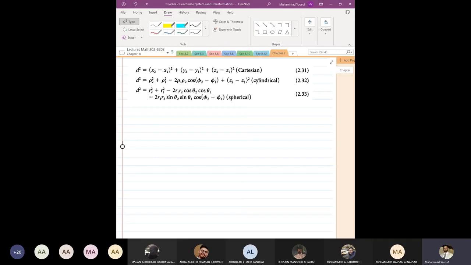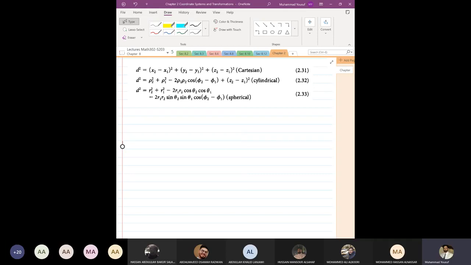Also, last time we learned constant surfaces. In x, y, z, when x, y, and z are equal to some constant, then what do they represent? When rho, phi, and z are constant, what do they represent?